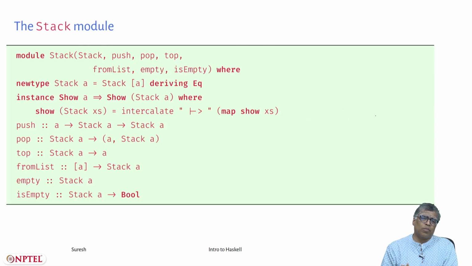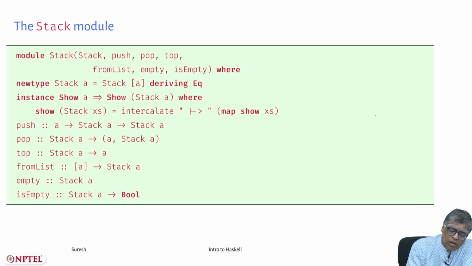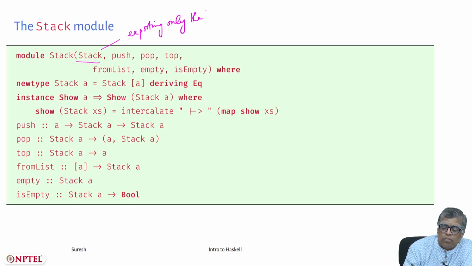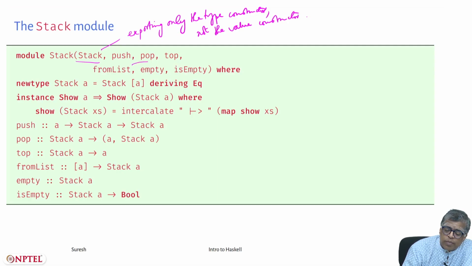Finally, here is the Stack module. You can do all this. Notice that we are exporting only the type constructor, not the value constructor. And this is a smart constructor.